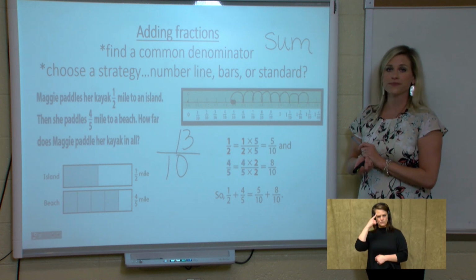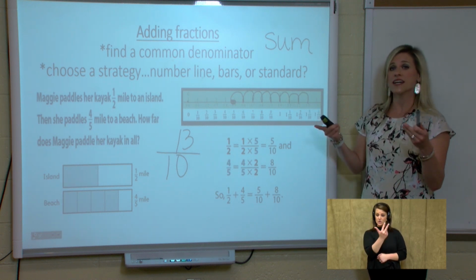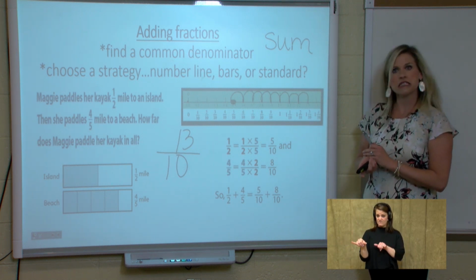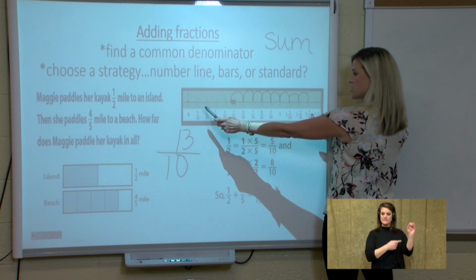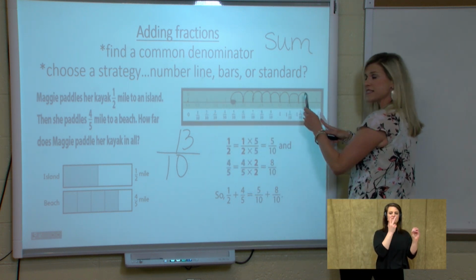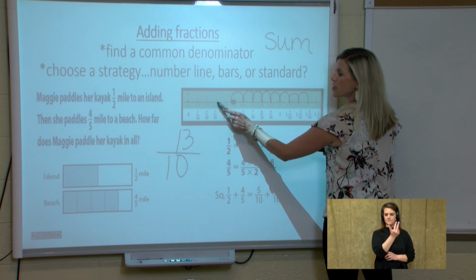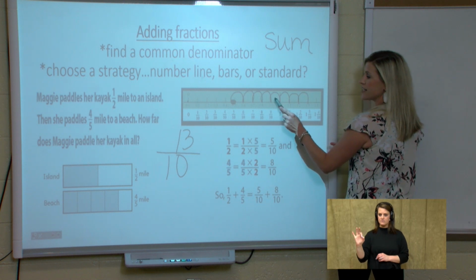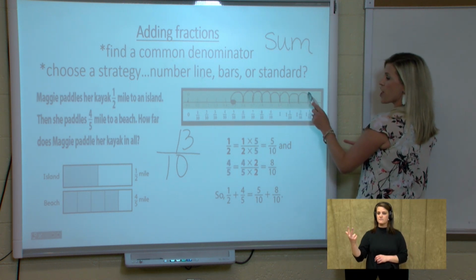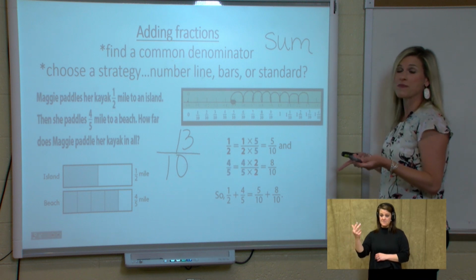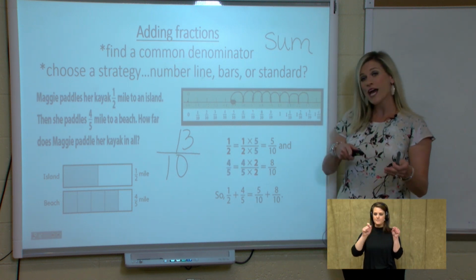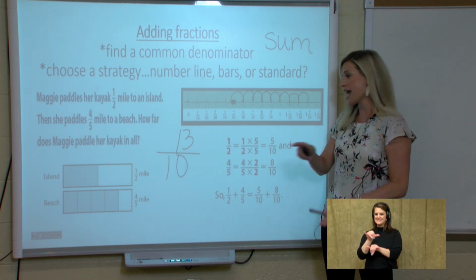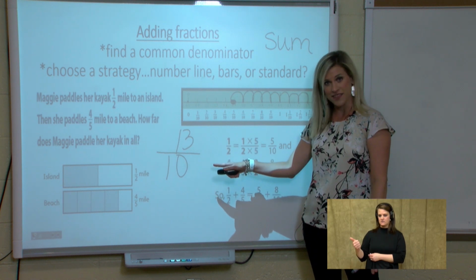Think about that. Is 13/10 the same thing as 1 3/10? Let's see. I'm going to start at 0 and I'm going to count to this one and let's see if there's 13 spaces. 1, 2, 3, 4, 5, 6, 7, 8, 9, 10, 11, 12, 13. Yeah, there's 13 spaces. So 1 3/10 is equivalent, and it's the same thing as 13/10.